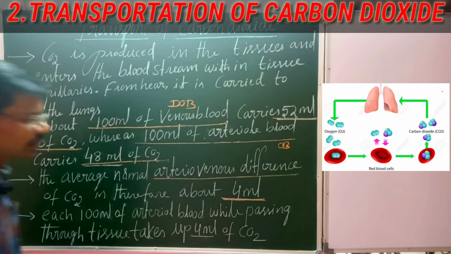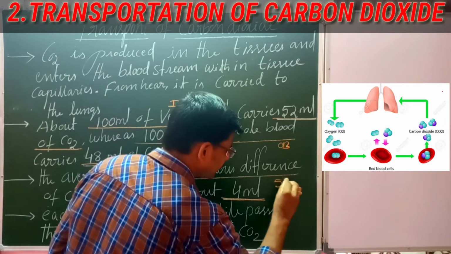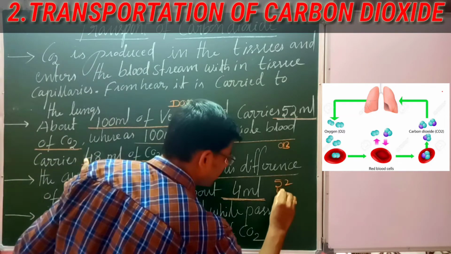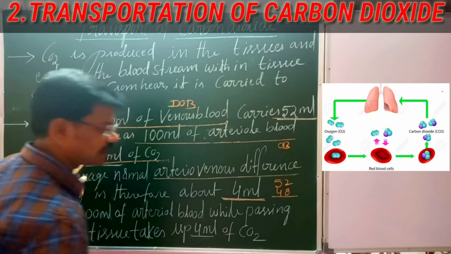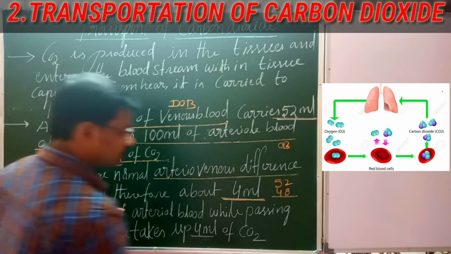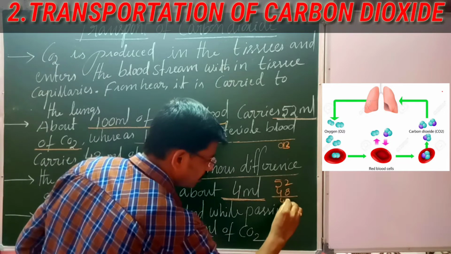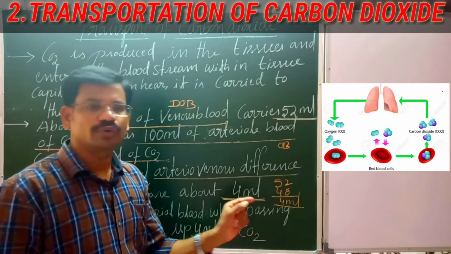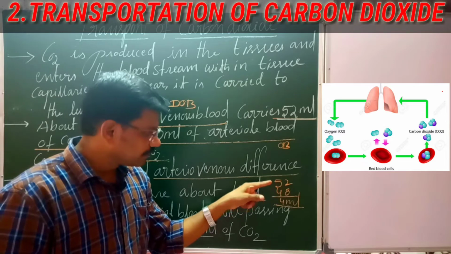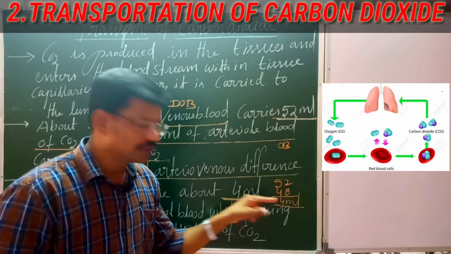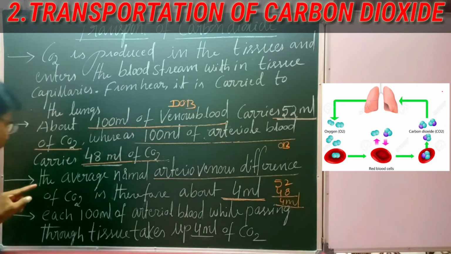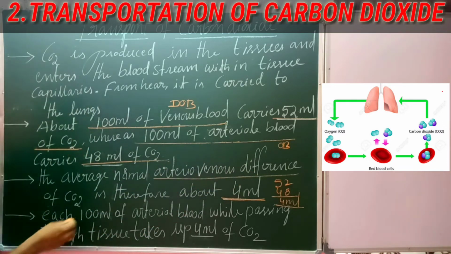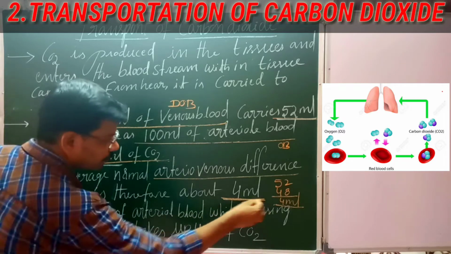The amount of carbon dioxide leaving the body in each circulation is 52 minus 48, which gives 4 ml. That is the answer: the average normal arteriovenous difference of carbon dioxide is about 4 ml.